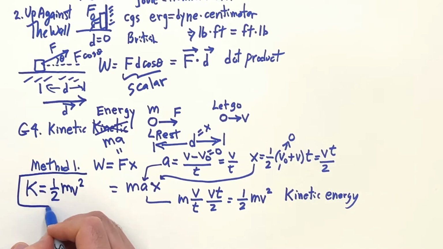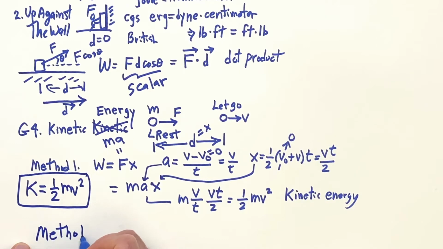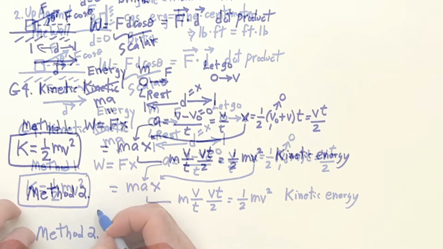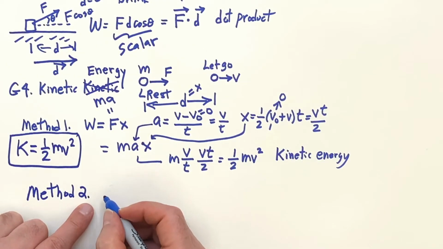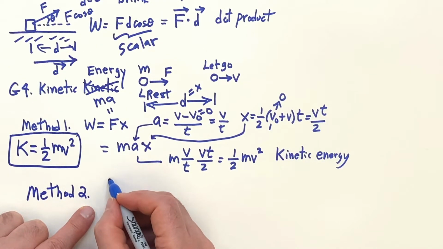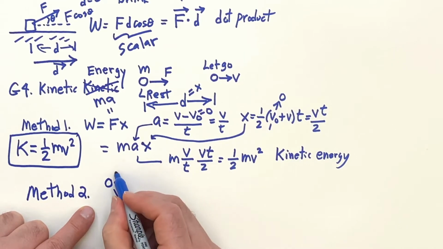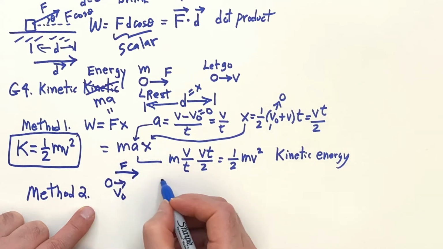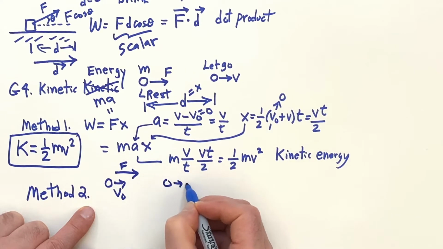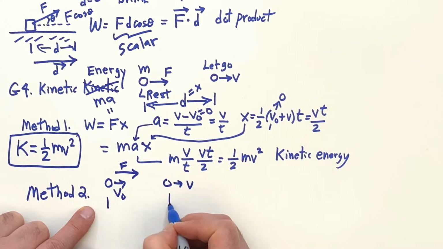That's derivation method 1. So now we do method 2, and method 2 is the method I really like for this course. For method 2, we're going to start with some initial v0, and then apply the force, and then at the end, look at the velocity v.